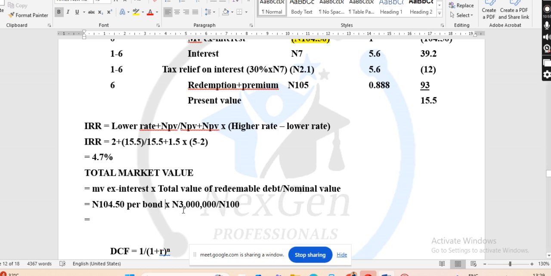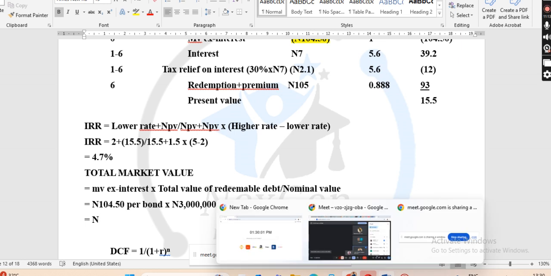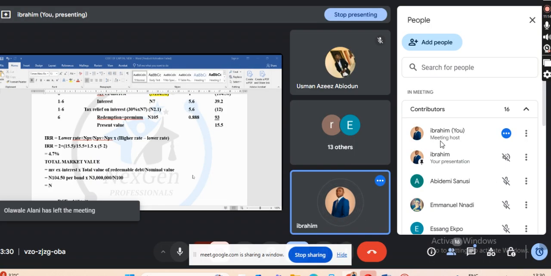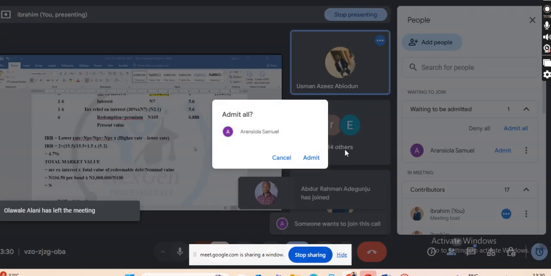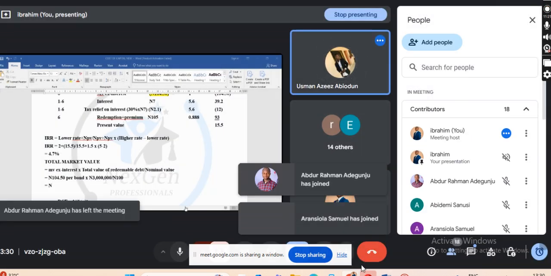So when you multiply that 3,000 bonds times the value of one bond, it will give you the total market value of the bond. So what will be the total market value of the bond, class? What will be the total market value? Multiply, figure. 3,435,000. Okay.